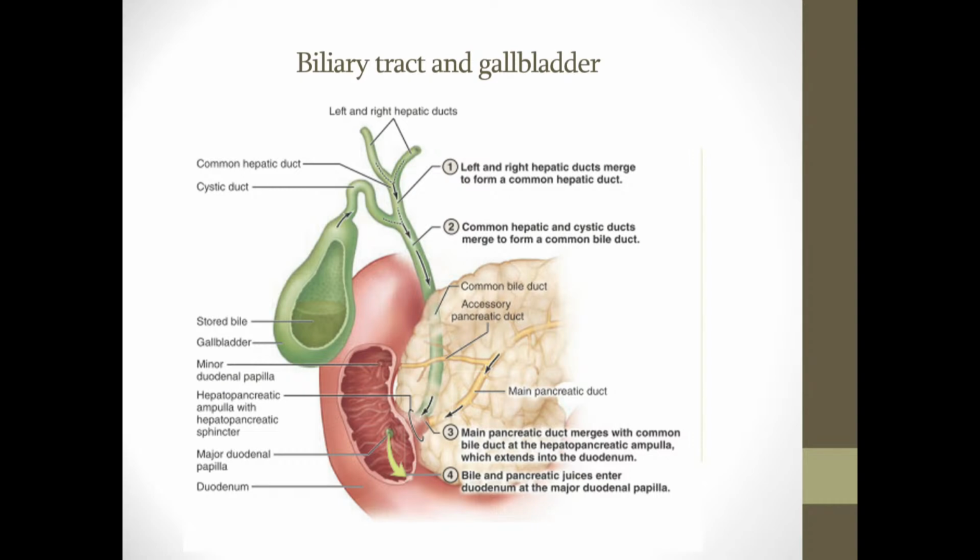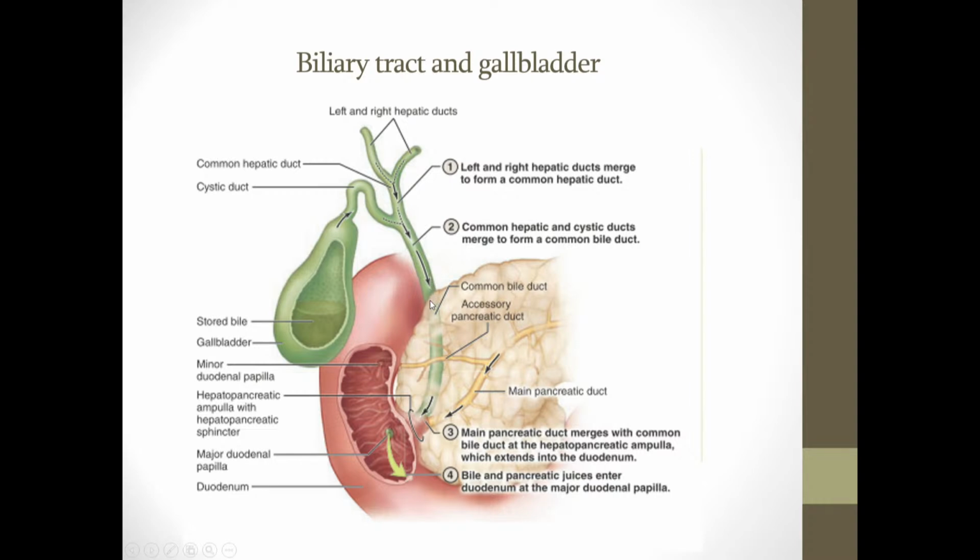Okay, now the next structure is the gallbladder, and you can see here the biliary tract also. The left and right hepatic ducts join and merge to form a common hepatic duct, and the common hepatic duct and the cystic duct merge to form the common bile duct.